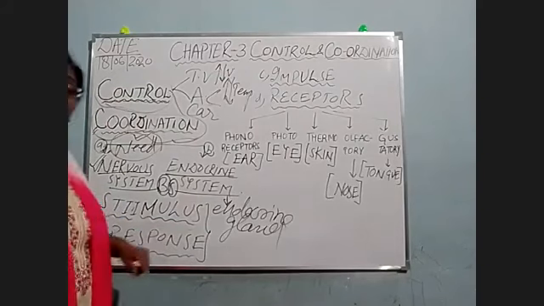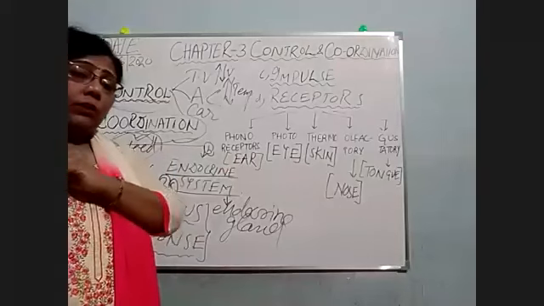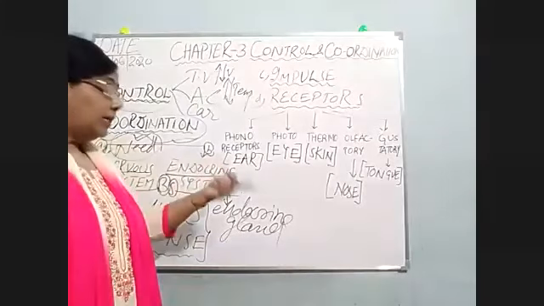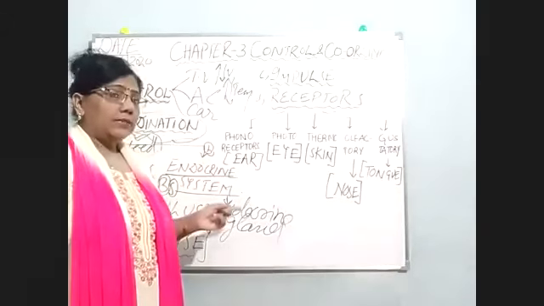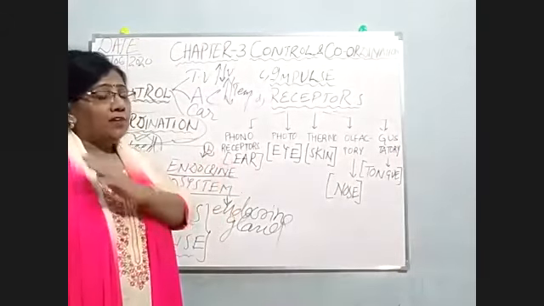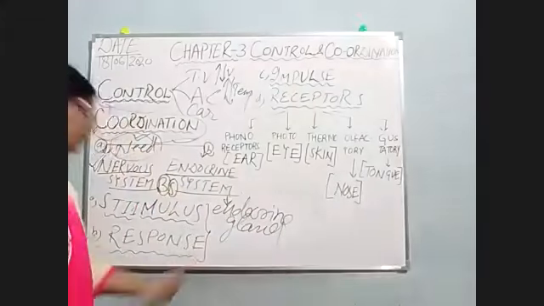Second example, if you touch a hot plate, what do you do? You immediately remove your hand. So in this example, the hot plate is a stimulus, and when you remove your hand away from it, it is a reaction of your body, or response.